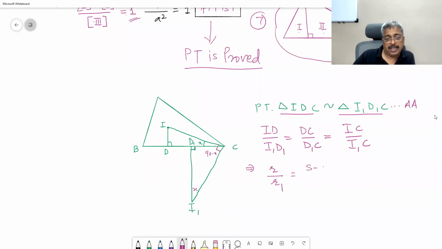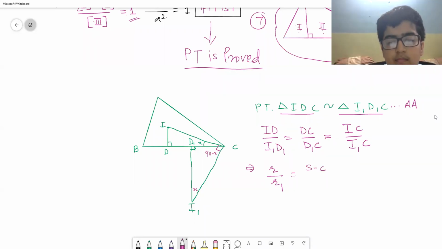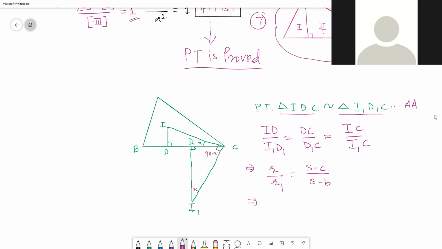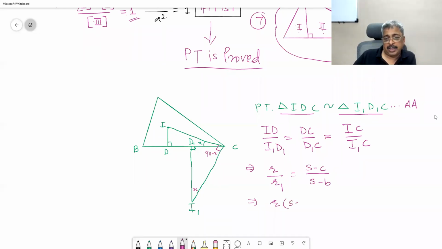S minus C. And CD1 is S minus B. This implies R into S minus B is equal to R1 into S minus C. However, R is equal to delta. Is this correct? ID upon I1D1.